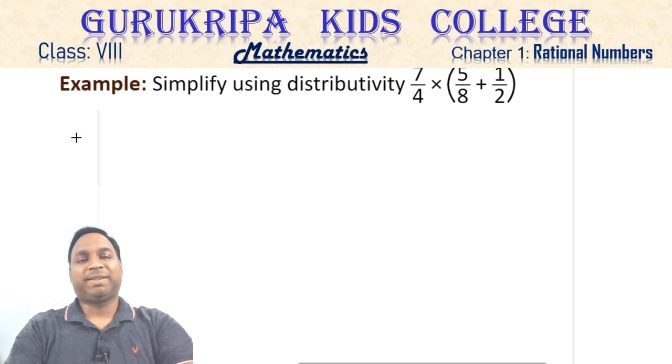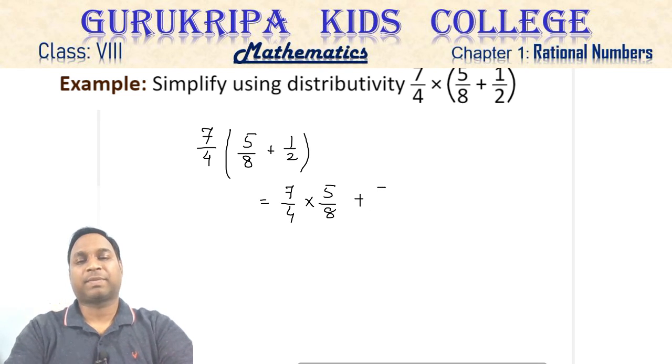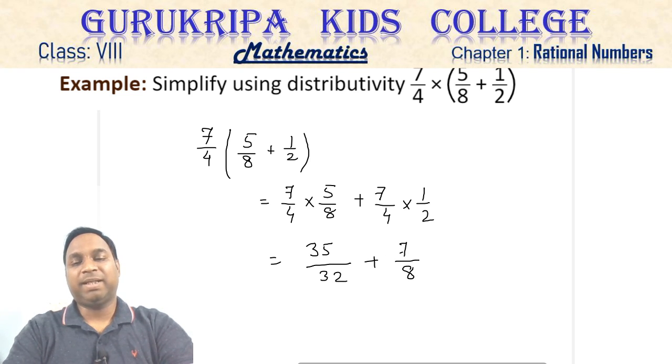For the distributive property, simplify using the distributive property. क्या है? 7 divided by 4 multiplied by 5 divided by 8 plus 1 by 3. Distributive property के लिए क्या करना होगा, 7 divided by 4 into 5/8 plus 7 divided by 4 into 1/3. ठीक है, तो what do we get, 35 divided by 32 plus 7 divided by 8.